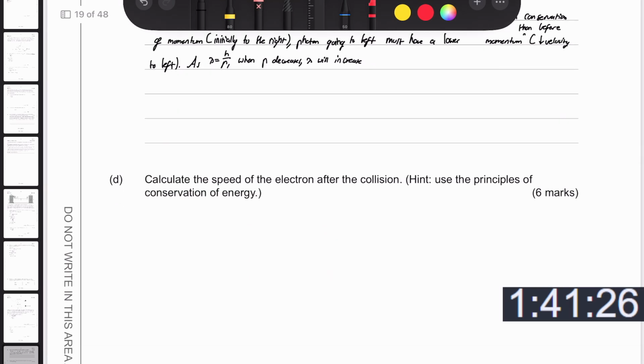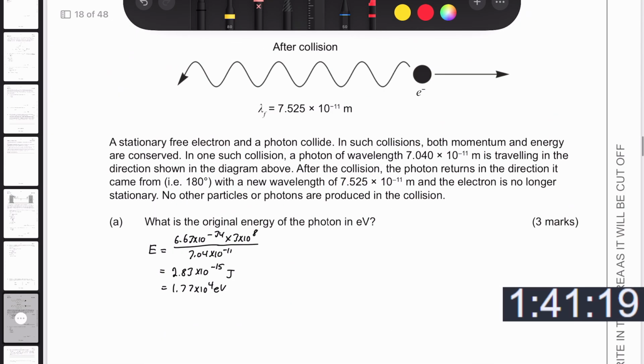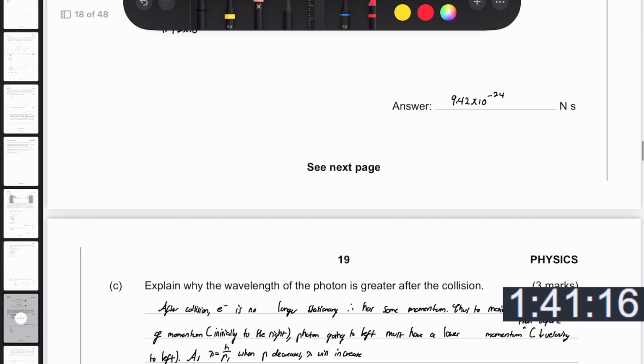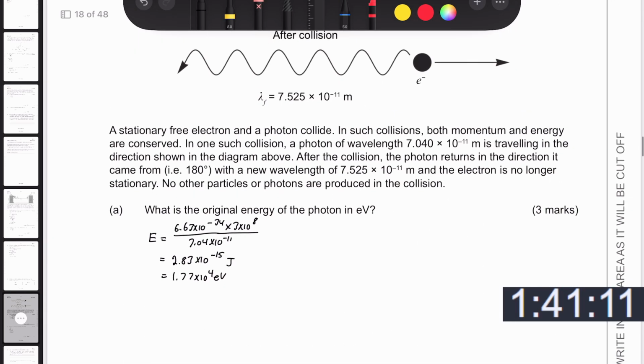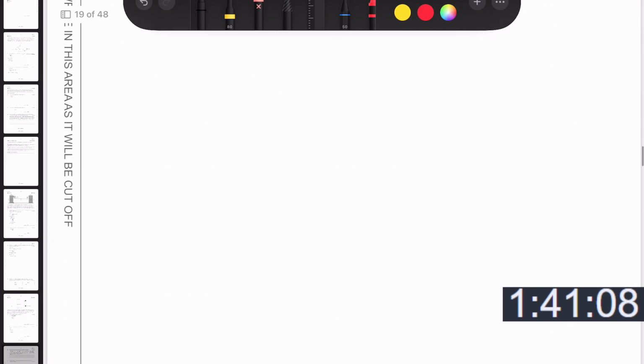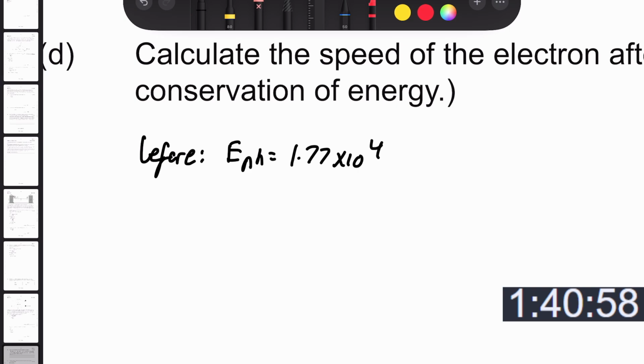Calculate the speed of the electron after the collision, hence use the conservation of energy. Okay, so before, the photon had 1.77. E of photon is 1.77 times 10 to the 4 electron volts, times 1.6 times 10 to the negative 19.